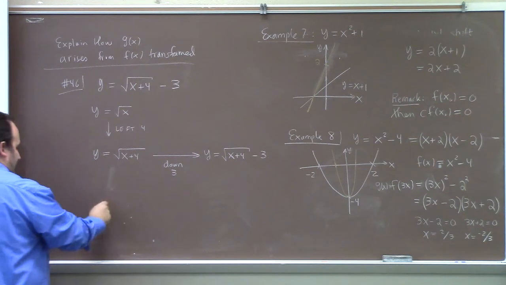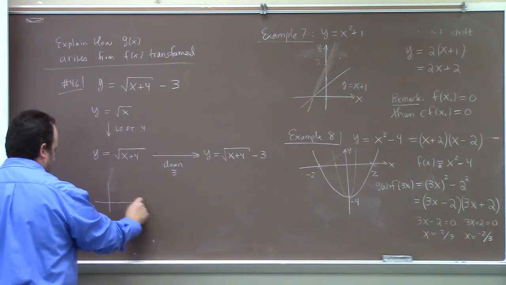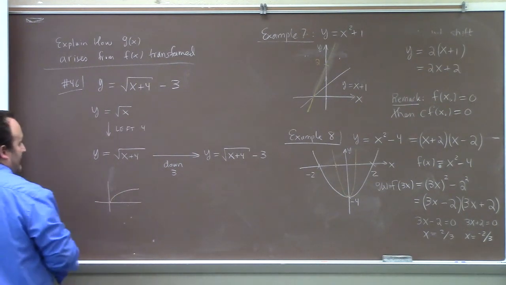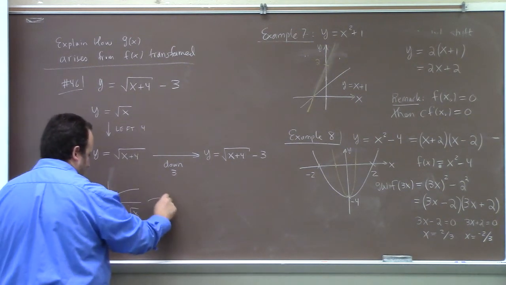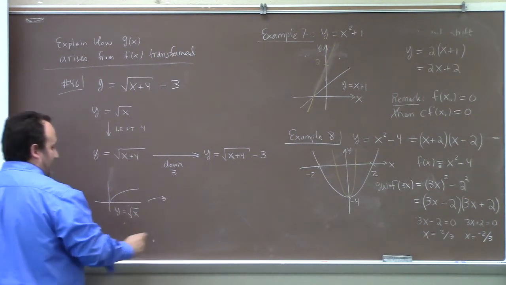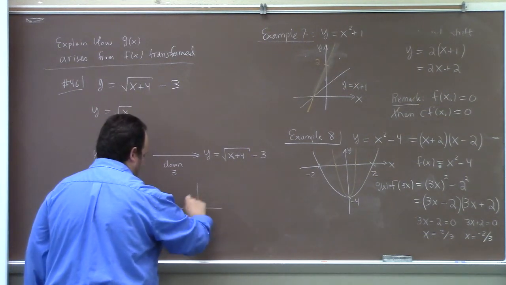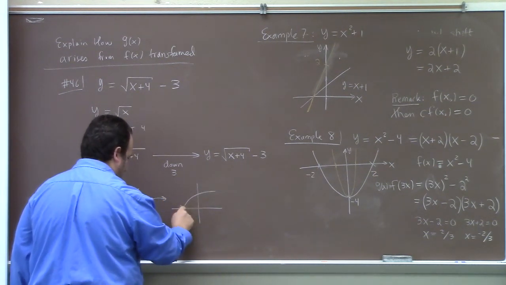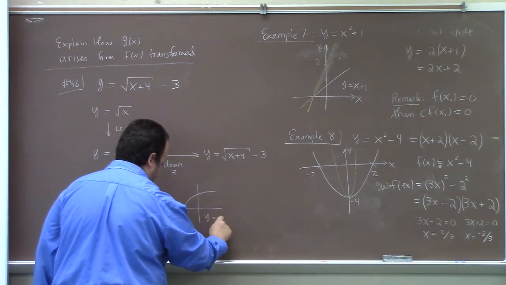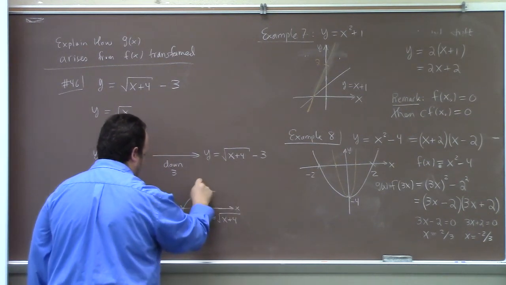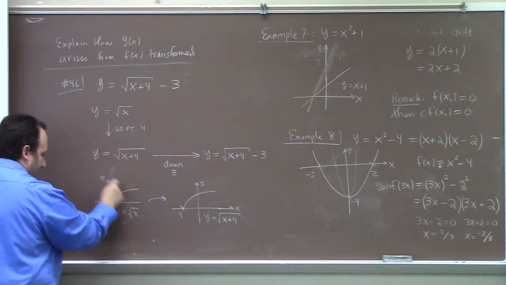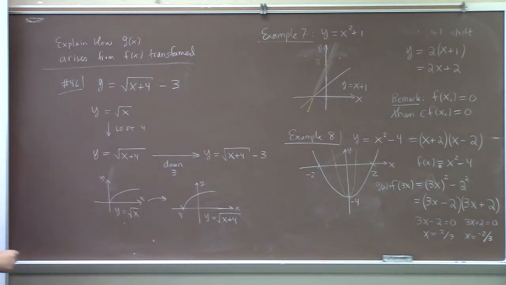So if I make a picture, we're starting with y equals square root of x, right? And then we're doing what? We're going left 4. And then we're doing what?